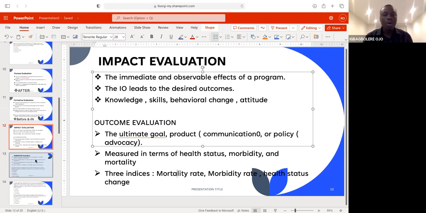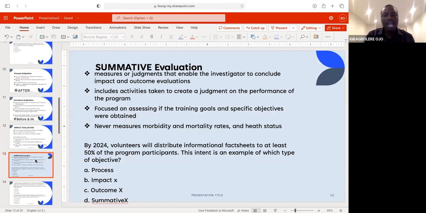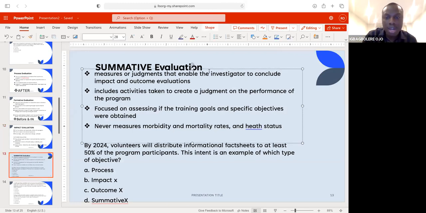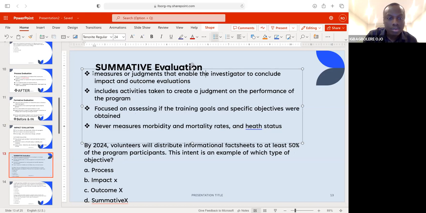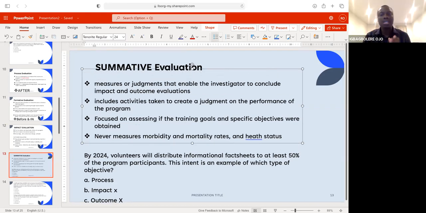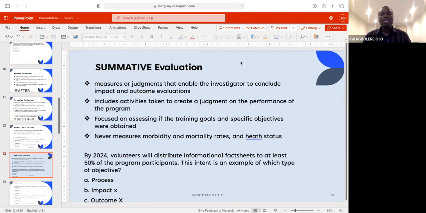All right, so again, this is the last one, summative evaluation. A summative evaluation is a measure or judgment that enables the investigator to conclude impact and outcome evaluations.